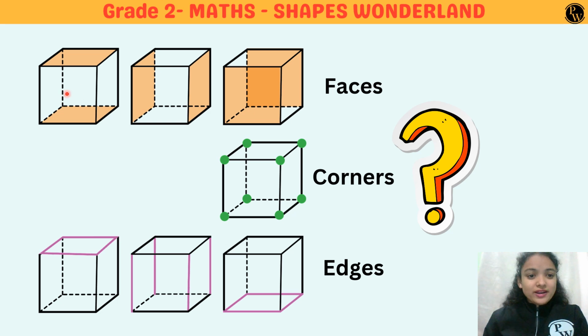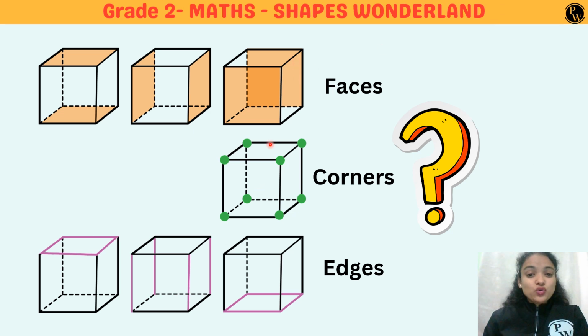So two are here, two are here. 2 plus 2, 4. Correct? Now, also include these two faces which are in the front and behind. This one and this one. Okay, so total 6 faces are there. 2 plus 2 plus 2. Correct?